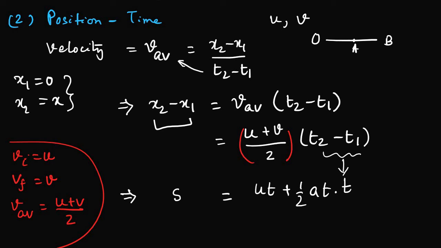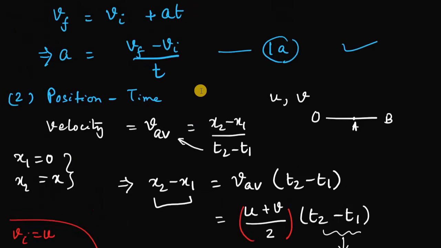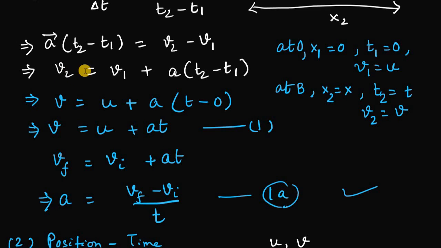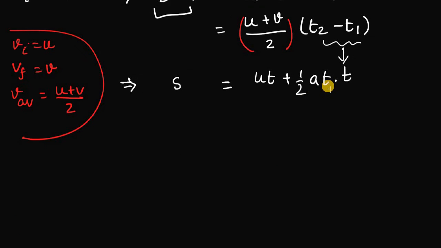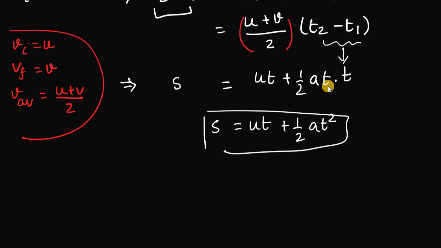Because I can solve it from here, where I have shown you V2 equals V1 plus a into T2 minus T1, and when I take this as T, simply it would be V2 equals V1 plus AT. So I can put the same equation over here and get UT plus half AT square. This is the displacement equation from position time 1. This is the second one we got.